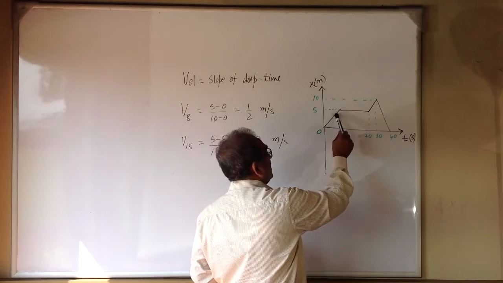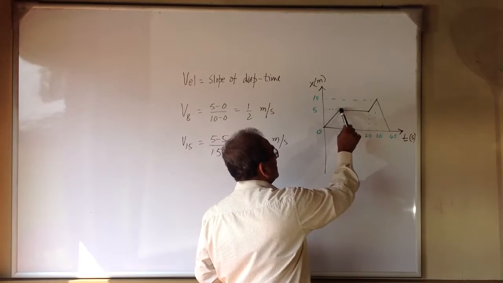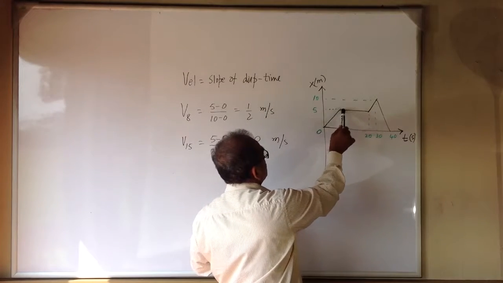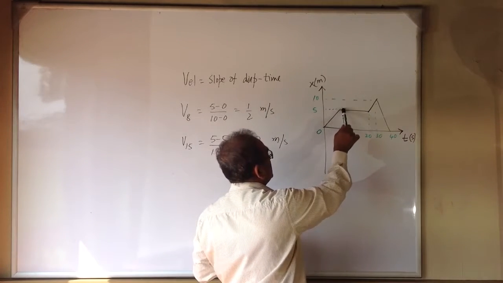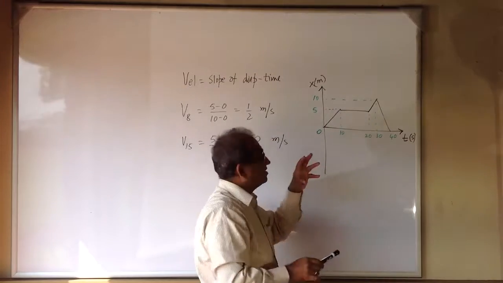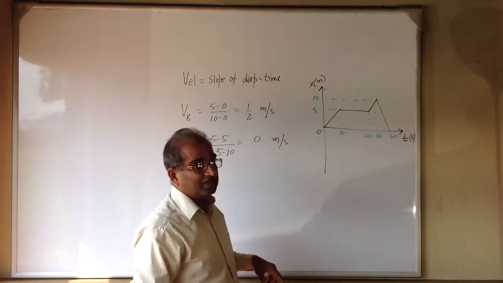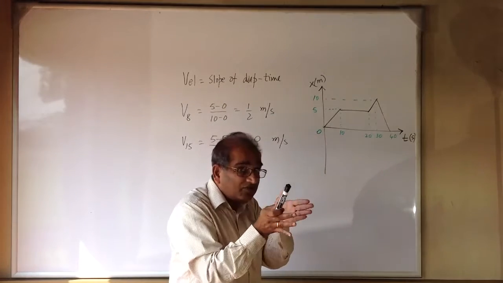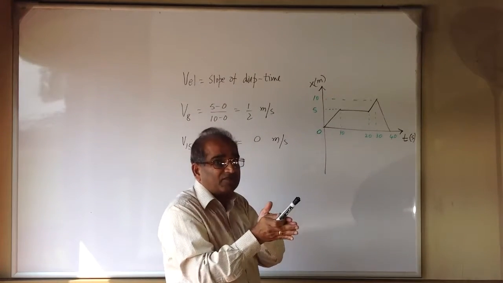But here, it drastically changes from 1/2 meter per second to 0 meters per second. That means there is an abrupt change in the velocity. This abrupt change does not occur over some certain amount of time, it's occurring in 0 amount of time.